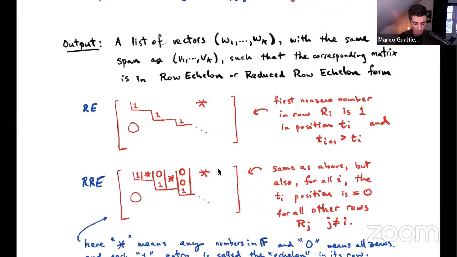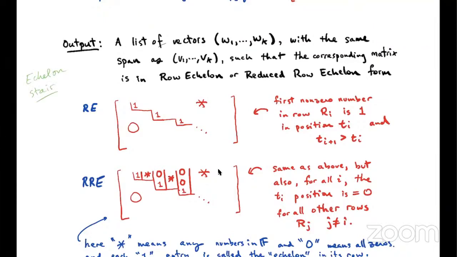It will be in either what's called row echelon form or reduced row echelon form. Echelon is the French word for what? Does anyone know? Stair. Yeah, it's like a staircase.